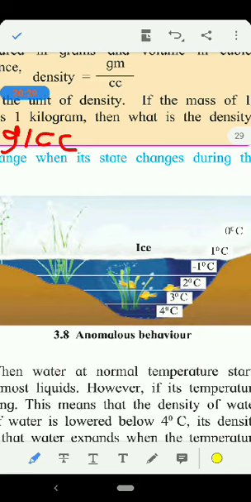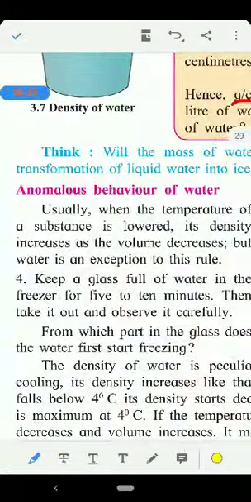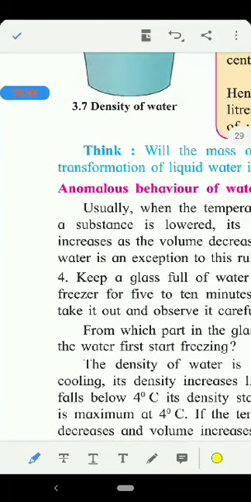For this we will take one example. You can refer to page number 20 for this example. See this example.